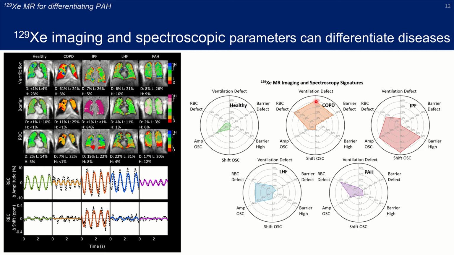In left heart failure, we see an RBC defect and then an increase in amplitude of their oscillations, while in the pulmonary arterial hypertension patients, we see that same red blood cell defect, but now we see a decrease in the amplitude of their oscillations. So again, each of these disease states has a unique signature associated with it.